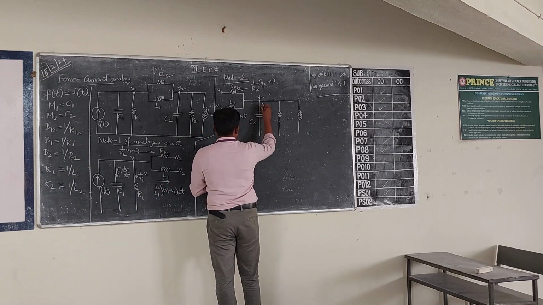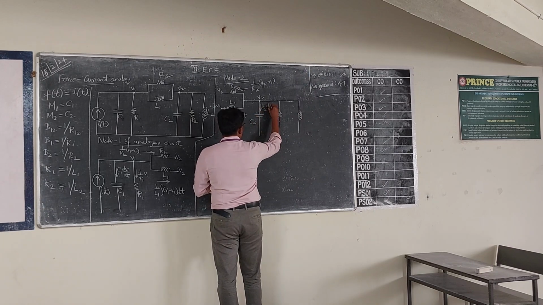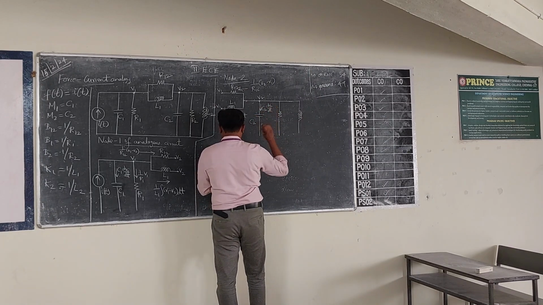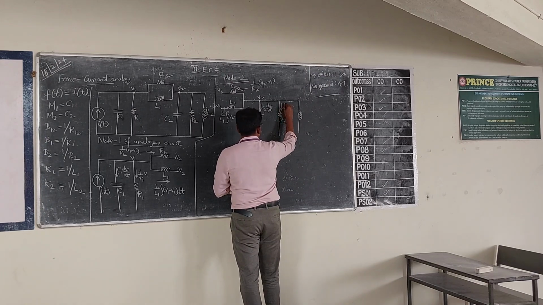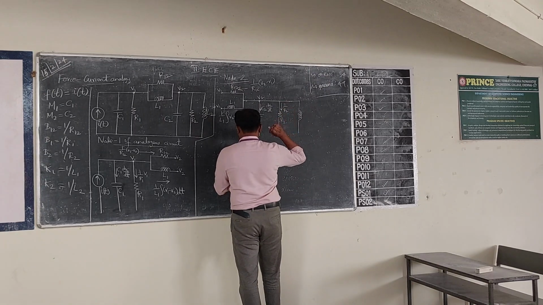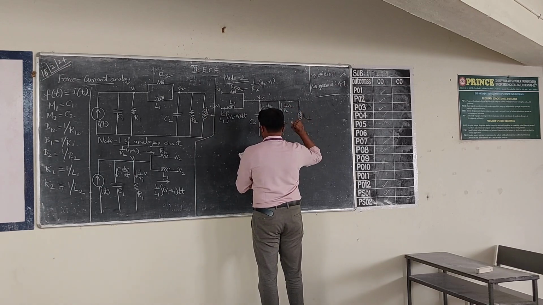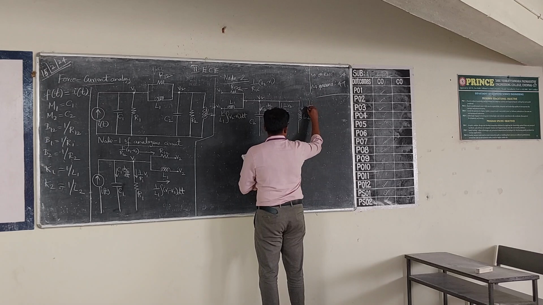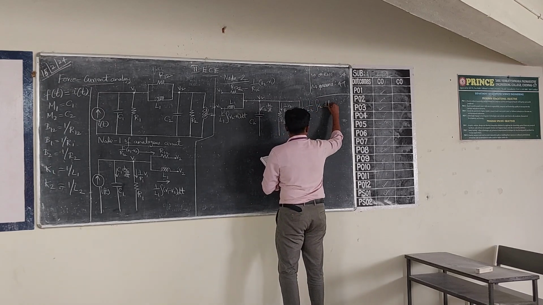Capacitor C2: dV2 by dt. This is R2: 1 by R2 into V. This is L2: 1 by L2 integration of V2 dt.